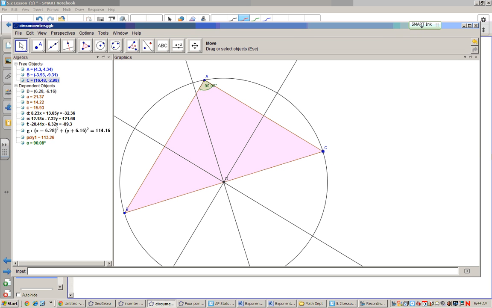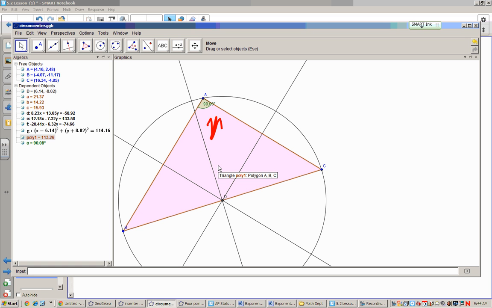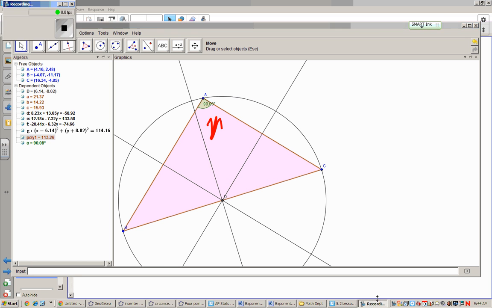So if we draw this, my computer's slowing down here. All right, I think I got a hang of this now. Now these two sides are going to be congruent, so this is going to be the midpoint.